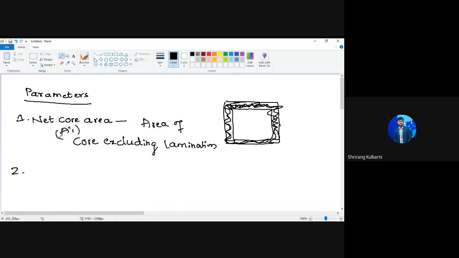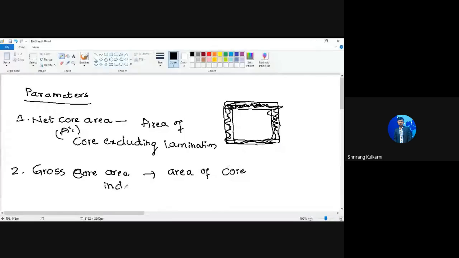Next one is the gross core area. What is the gross core area? Gross core area is nothing but the area of core including lamination.